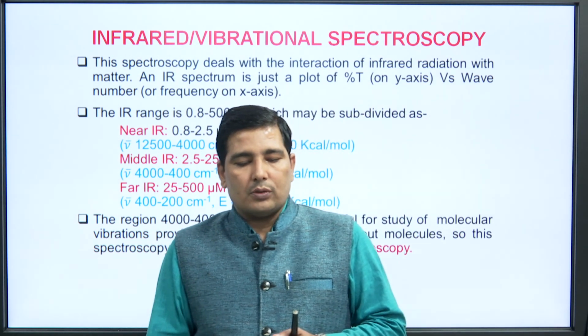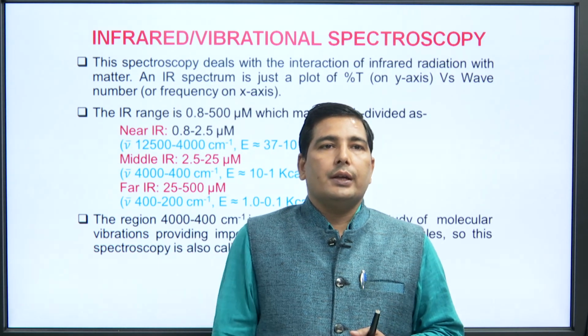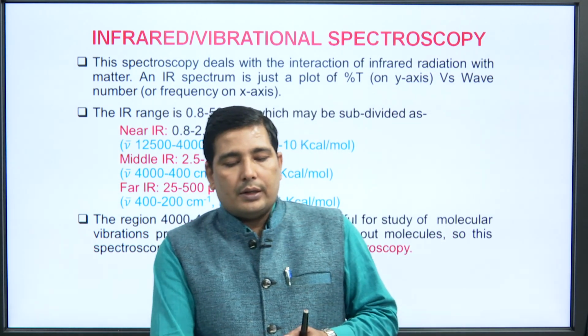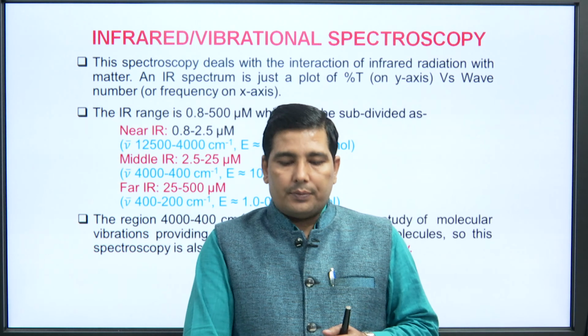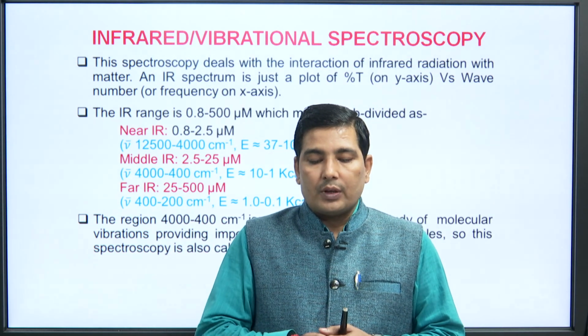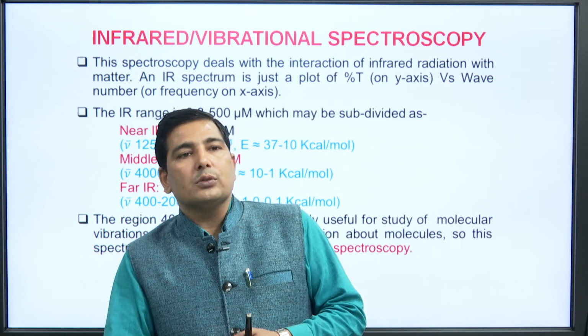So, in infrared spectroscopy, we interact infrared radiation with matter, and an IR spectrum is just a plot of percentage transmittance on the y axis versus wave number or frequency on the x axis. Generally we use wave number.